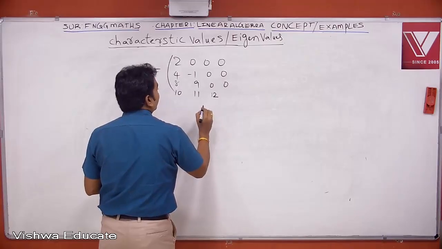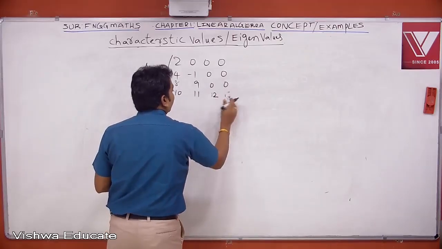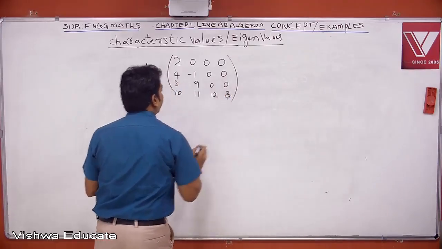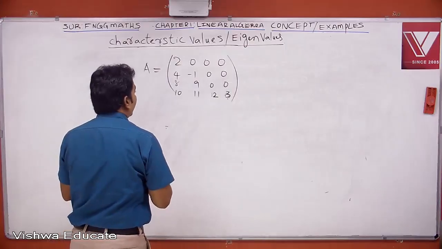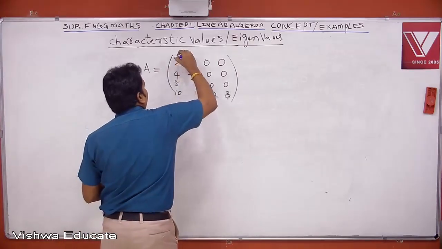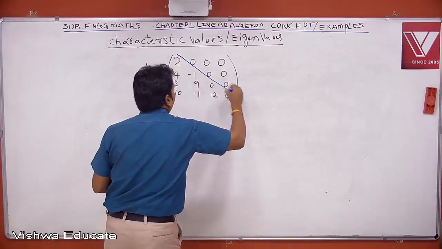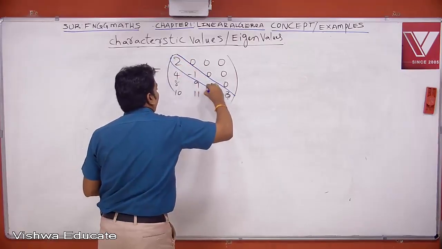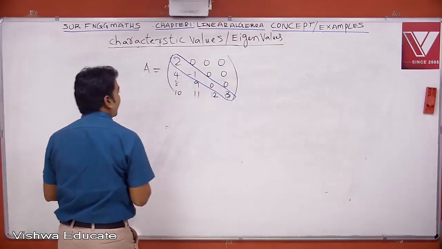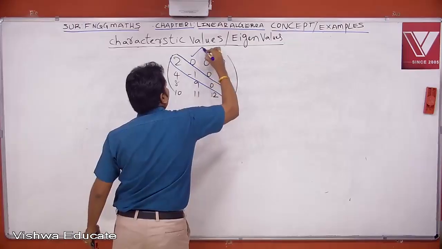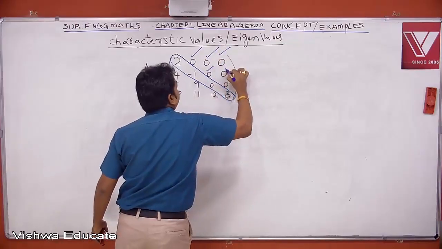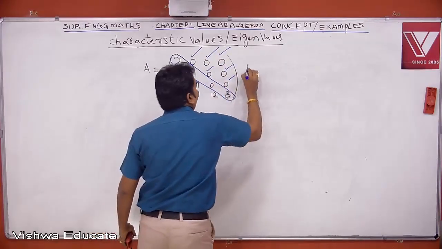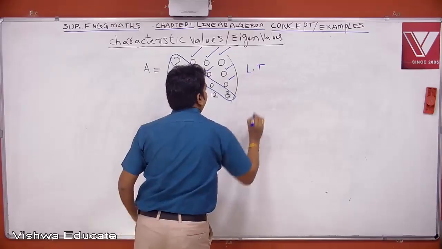Suppose this is my matrix. Now let us see, here my diagonal elements are these. Here all elements above the diagonal are 0. Now this is my lower triangular matrix.